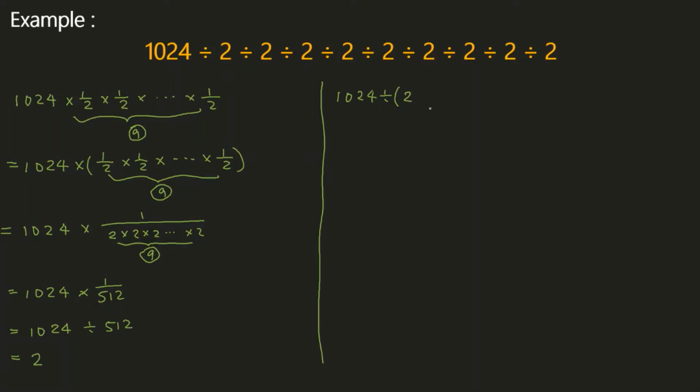Instead of divide by 2, we need to turn it into a multiplication. So it becomes 2 times 2 times 2, and we do this for all of them, 9 times. So this becomes 1024 divided by 2 times itself 9 times, which is 512. And the answer is 2, which is identical to what we have here.